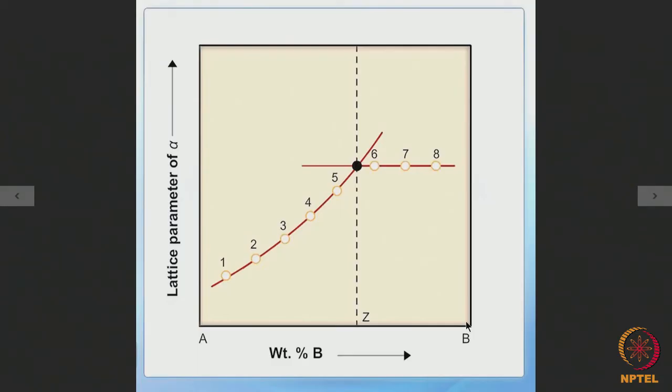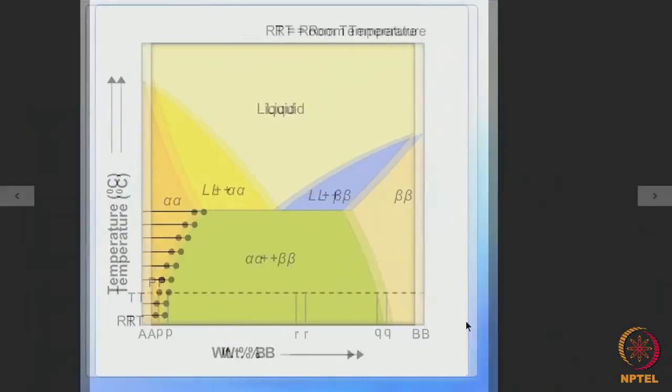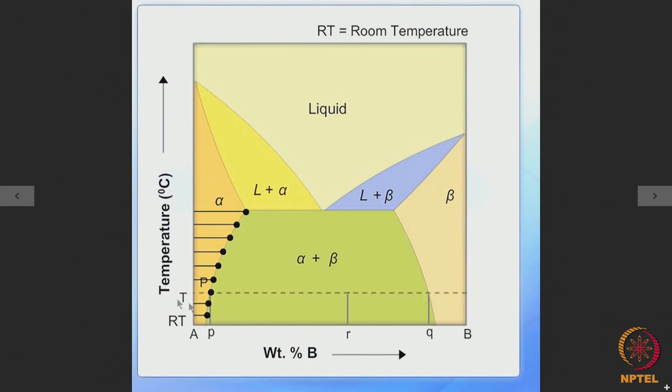Now, we come to the second method, the parametric method. So, what do we do in the parametric method? You see, if we look at any temperature T over here, we have the alpha phase.